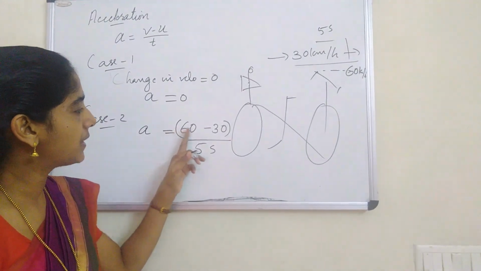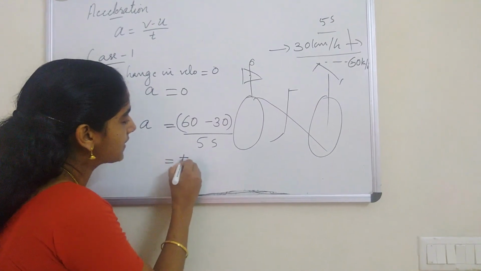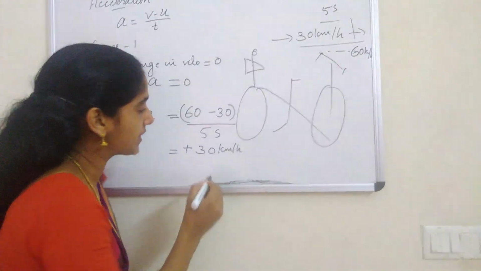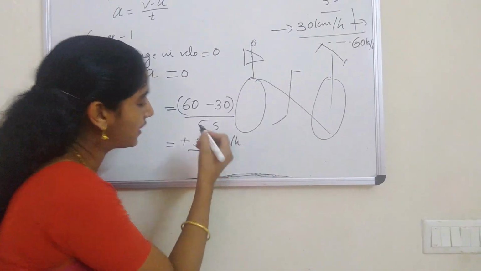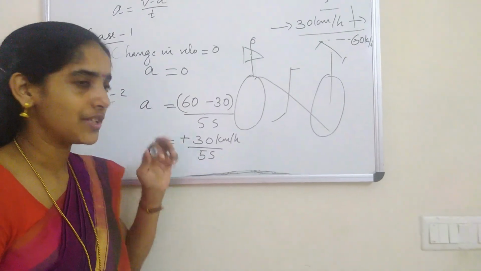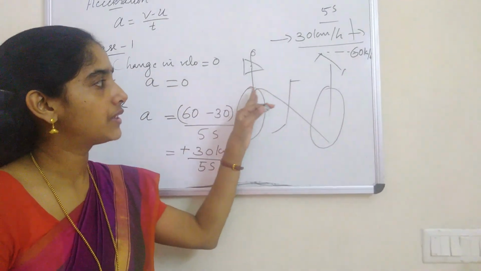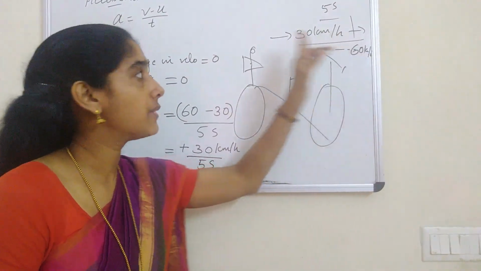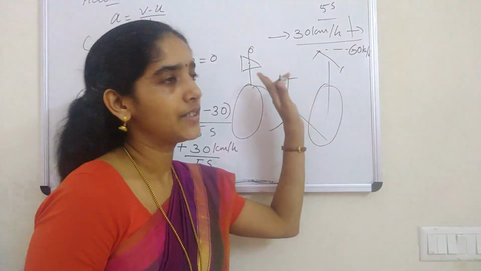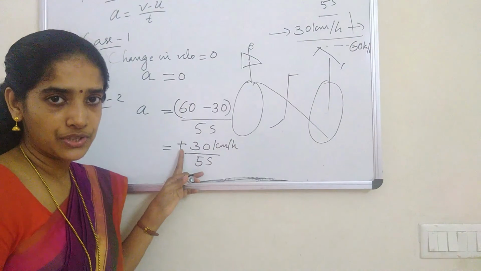So when you subtract, look at the numerator, you are getting plus 30 kilometer per hour as the change in velocity, and the time taken for it is 5 seconds. So what about this acceleration here? Acceleration is positive. Okay, so in the first case we have seen the object going with a constant velocity, that means acceleration 0. In the second case, the object speeds up, velocity increases, that means the acceleration comes positive.